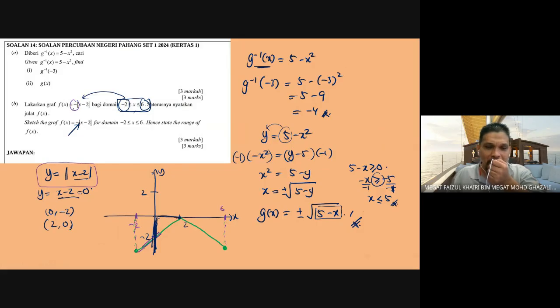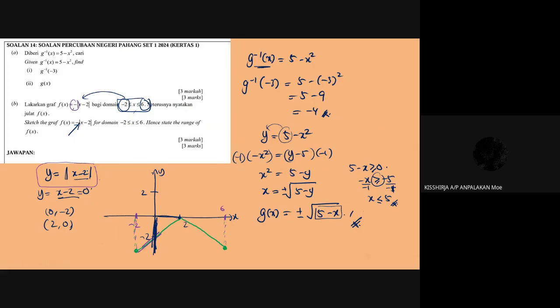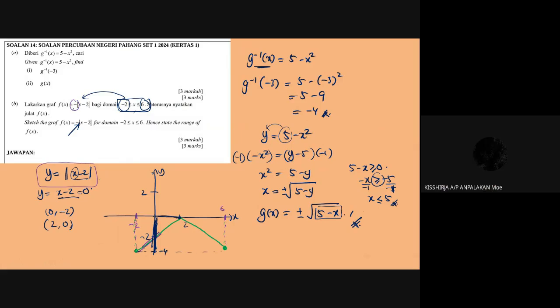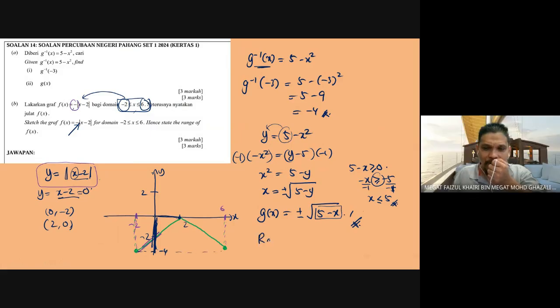If x equals -2, -2 minus 2 equals -4. And x equals 6, 6 minus 2 equals 4, also 4 in modulus. So the range of this function is from 0 until -4.